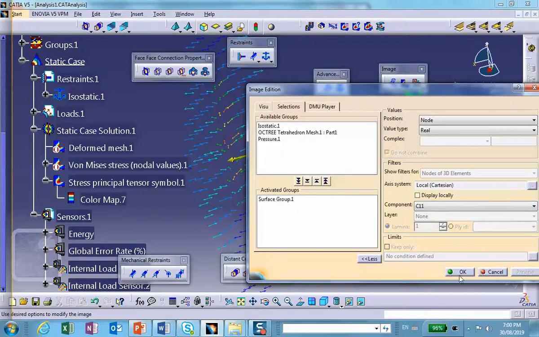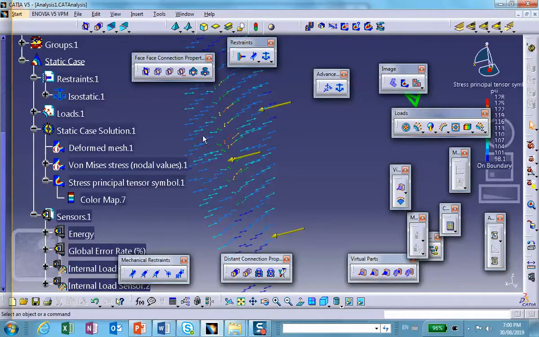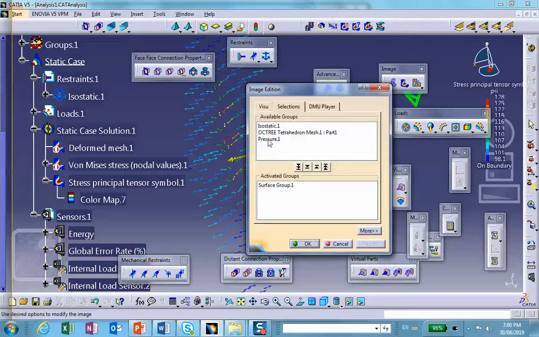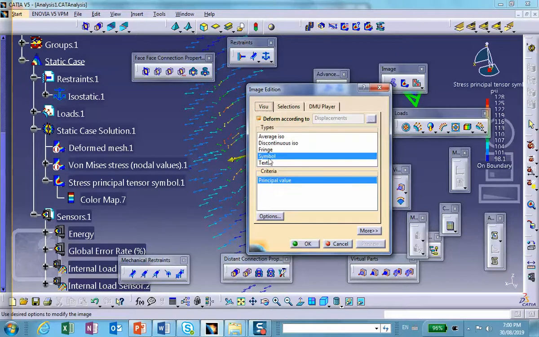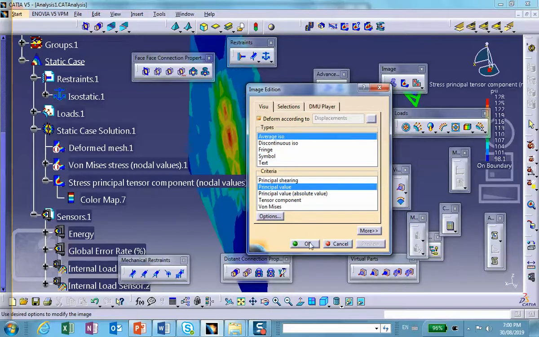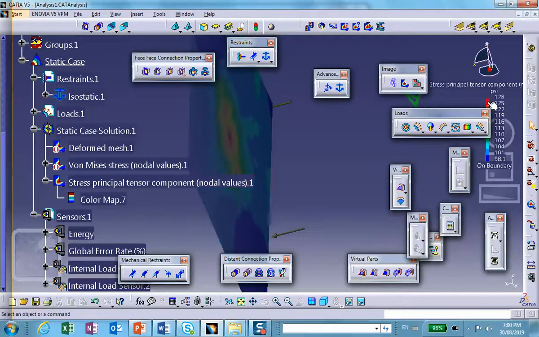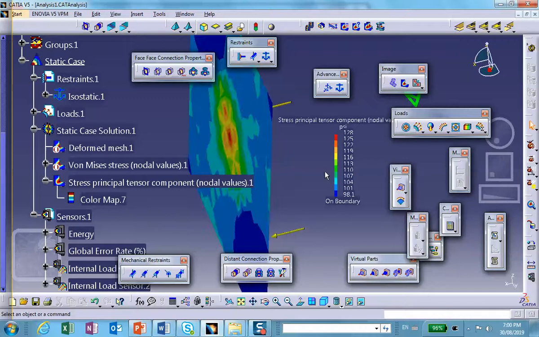Okay, and show it to me in the average isoform. Okay, you see, I applied 100. Now this at least is closer to 100, but still it's not going to be 100 because of those restraints.